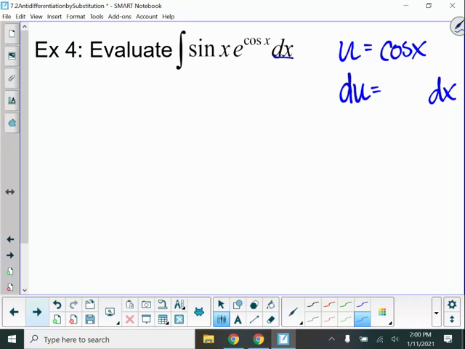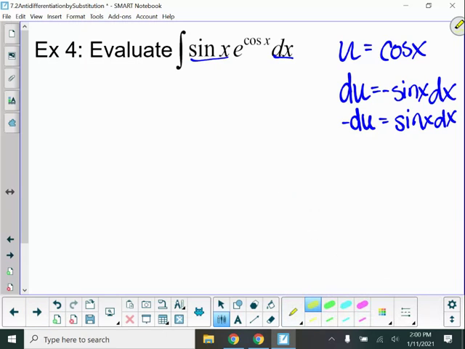Plus, the derivative of cosine is negative sine of x. Well, I have a positive sine of x dx, so if I move that negative over and make negative du equal to sine of x dx, I can actually go through and do my substitution there.